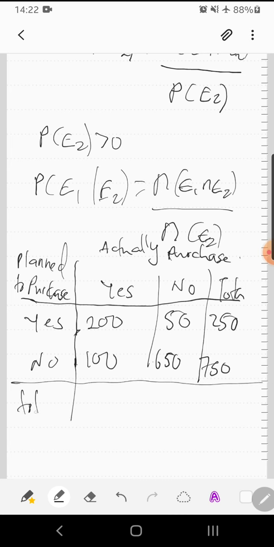We also have totals there, 300, 700, 1,000. So this table implies that you have people who planned to purchase, and looking at this column, the 250 planned to purchase because they have a yes, and this 750 did not plan.